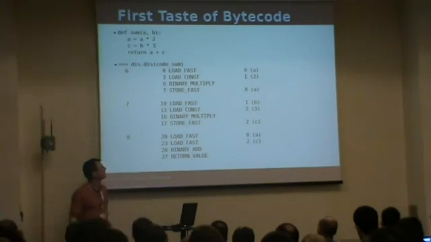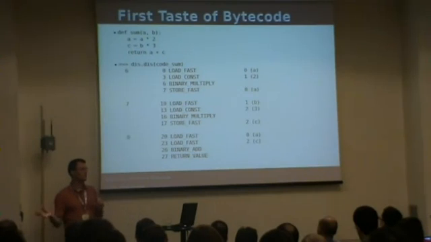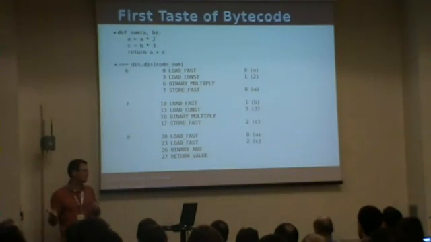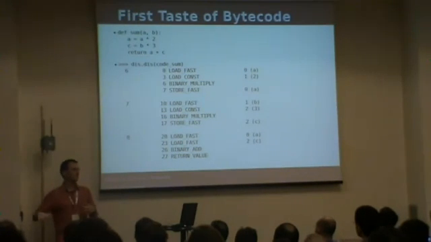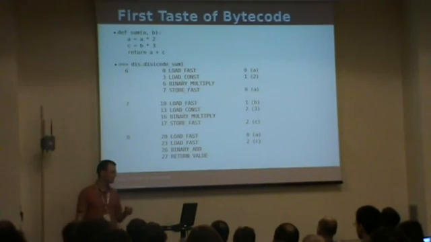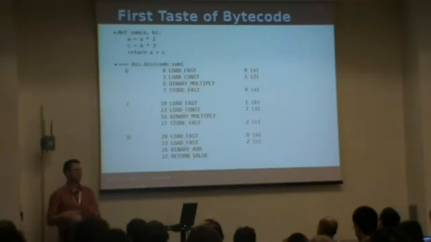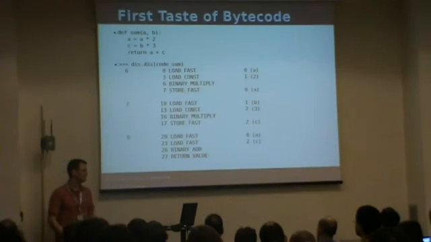And then the last column is the attribute, which is always a number as well. But depending on the bytecode, that number means look something up from this constants array, or look something up from this names array. And between brackets, the disassembler does this already for you, so you can nicely see what's happening.